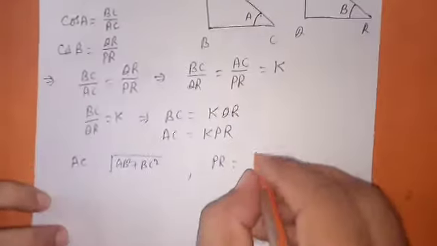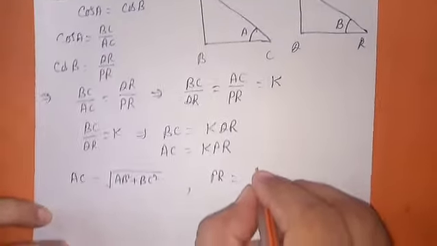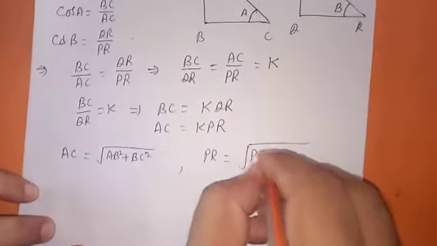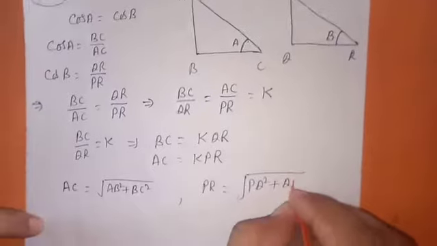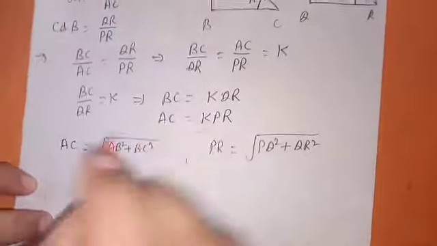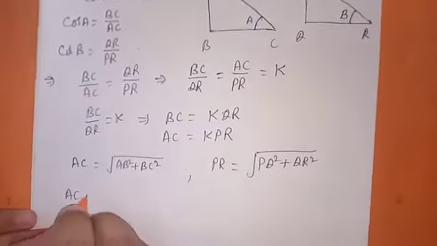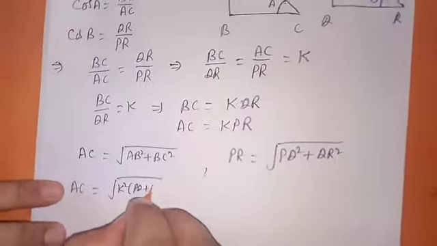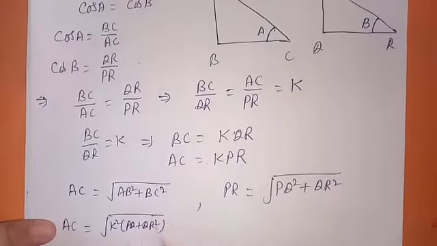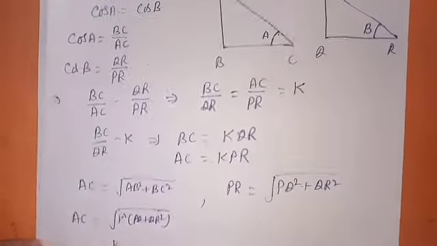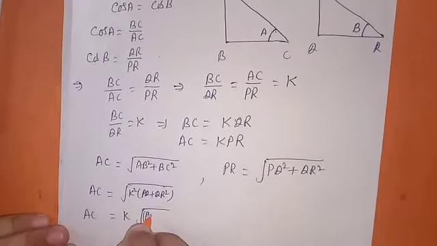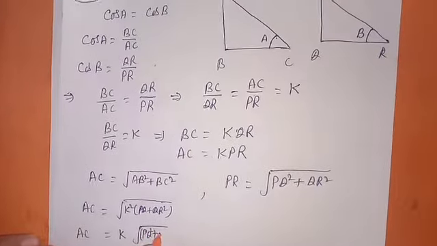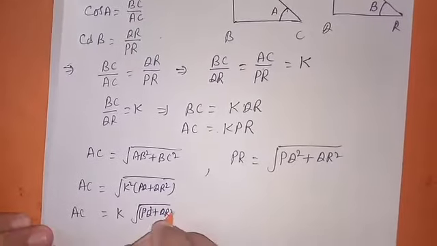PR is equal to the root of PQ square plus QR square. Put these values here. So AC becomes the root of K square times PQ square plus QR square. K comes outside, the root of PQ square plus QR square.